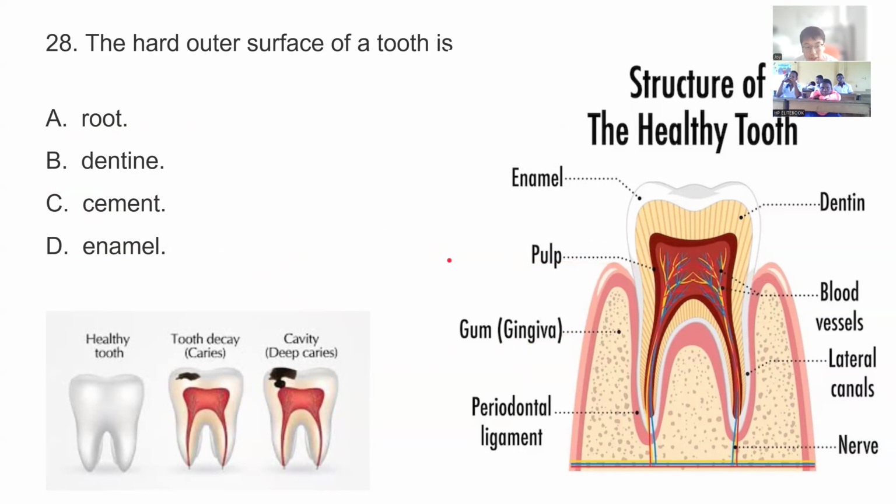Answer B. The answer would be enamel. And here, you can see from the diagram that at the very top is the hard outer surface. So the most outer surface is the enamel.